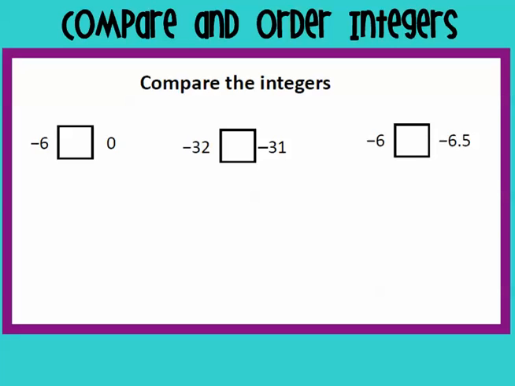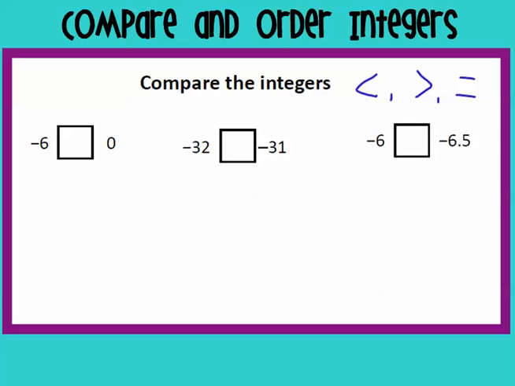When we are comparing two numbers to one another, we are going to use the symbols less than, greater than, or equal to, so that when we read the statement with the appropriate sign, the comparison of values makes sense. In the first statement, we're comparing -6 to 0.